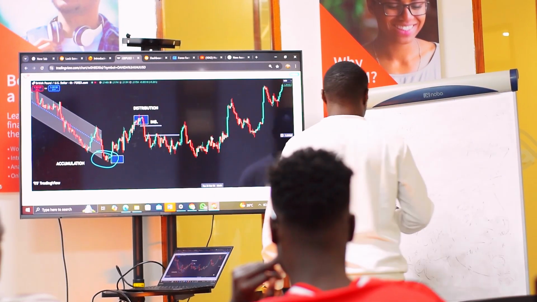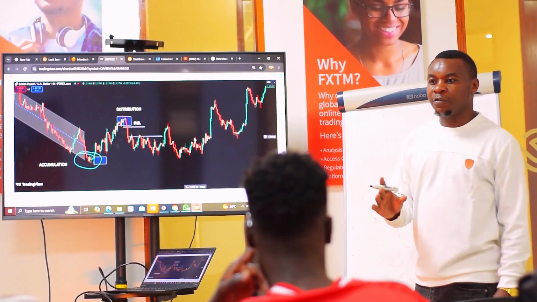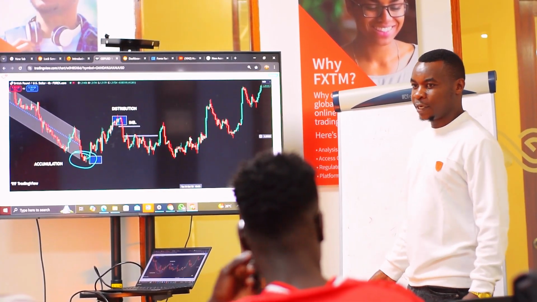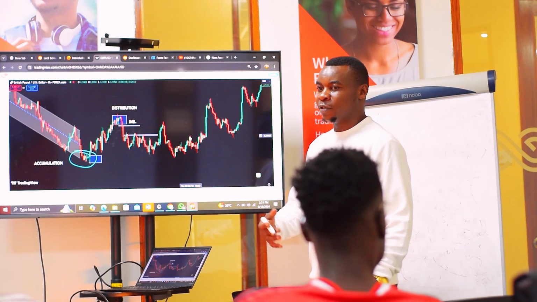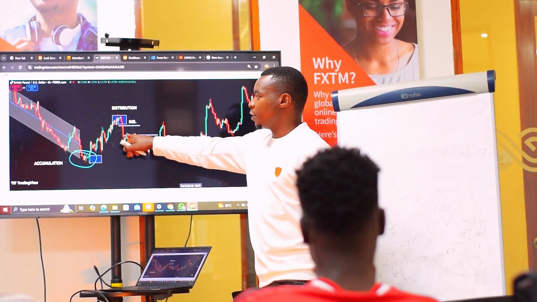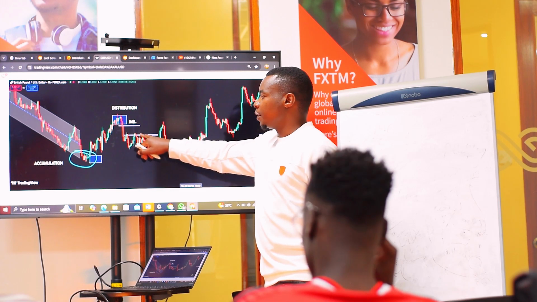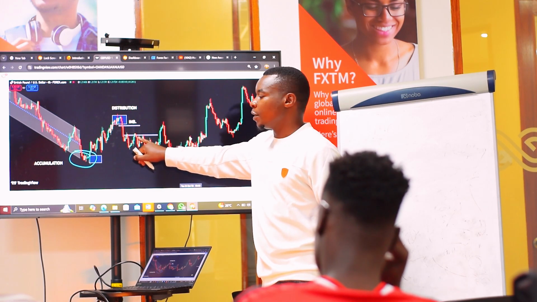Now, let me demonstrate this. The purpose of market makers is to provide liquidity in the market, right? Liquidity is all about volume. At this particular point is where retail traders are going to place their sell orders.